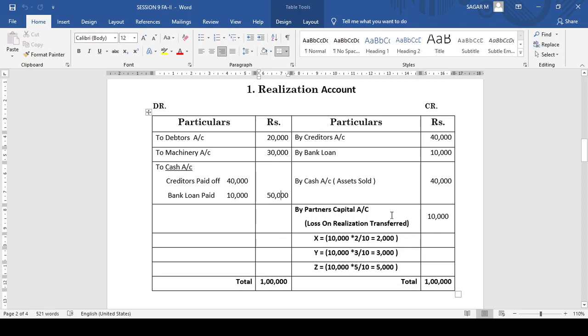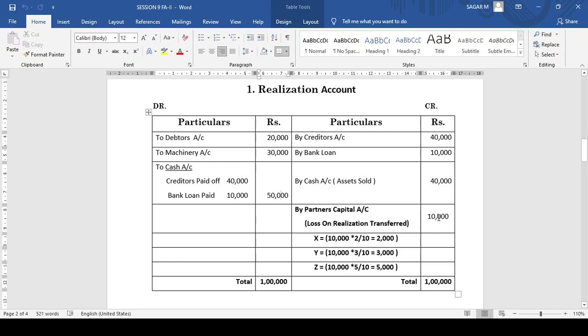If you look at the outset, the debit side total is more, coming to nearly 1 lakh. Keep the same total on the credit side, 1 lakh, and deduct the credit side items, that is creditors, bank loan and assets realized. The difference we are getting is 10,000. So this is the loss on realization.